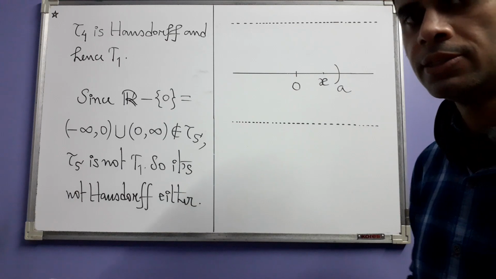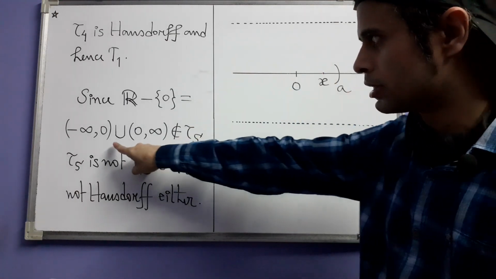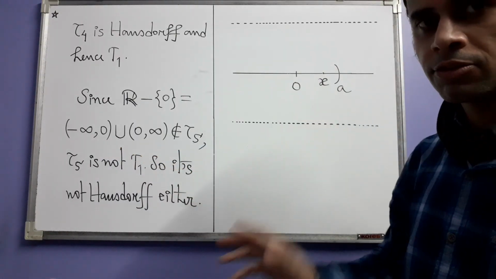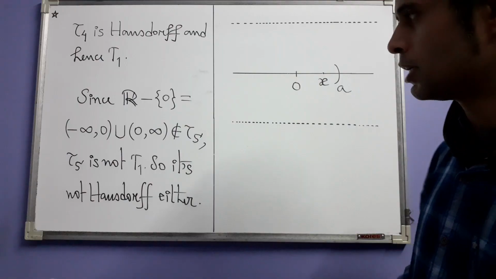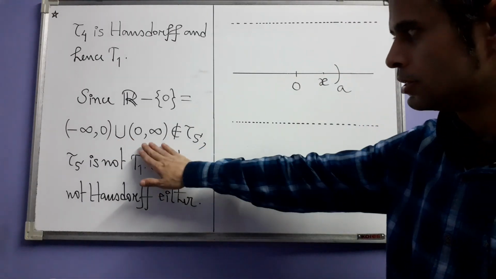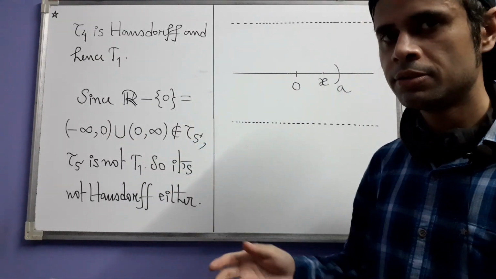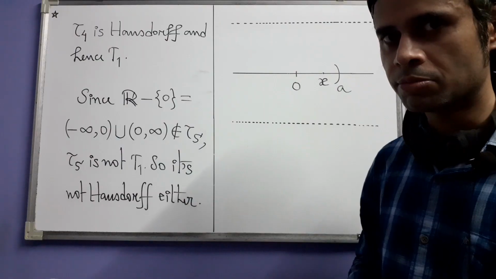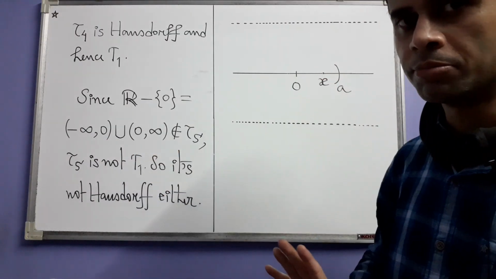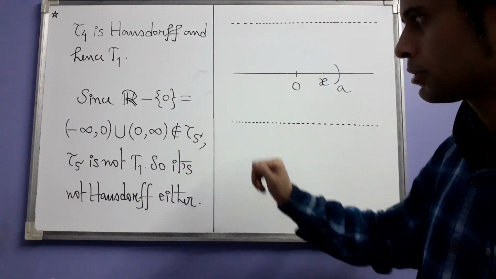Say that right end is A. But then is this ray entirely contained in this? No. 0 is causing a problem. And that is why our supposition that this is open is actually wrong. So this is not open in tau 5 in spite of how it looks. We are familiar with the standard topology the most. That's why the moment you see something like this, you think that it's open, but be careful. The topology is not the standard topology anymore. So that's the reason.